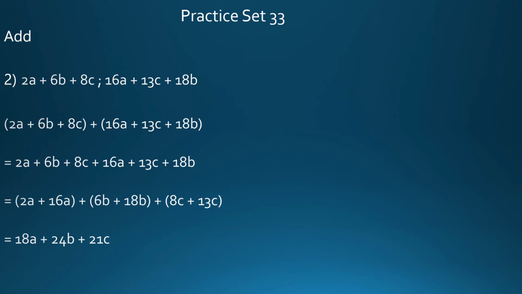So 2a plus 16a gives 18a, 16b plus 18b gives 34b, 8c plus 13c gives 21c. So the addition is 18a plus 34b plus 21c.